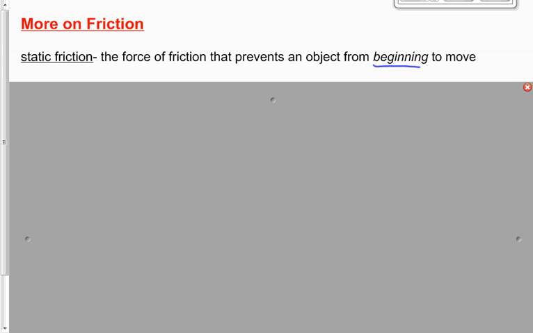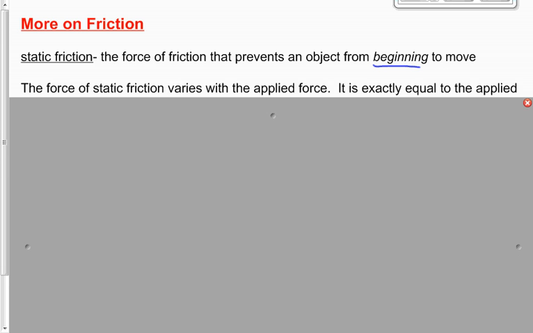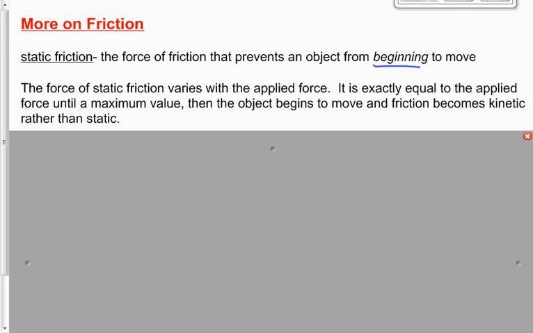I push with 51 newtons, and it moves. The maximum force of static friction was 50 newtons. Static friction became however hard I was pushing until I exceeded the maximum value, and then it wasn't static friction anymore, it was kinetic friction. So it varies with how hard you push until you reach that maximum value, in that case 50 newtons.